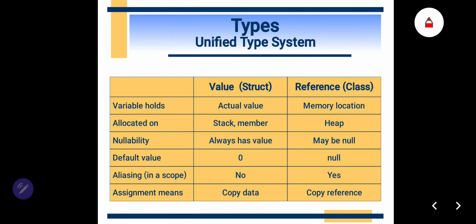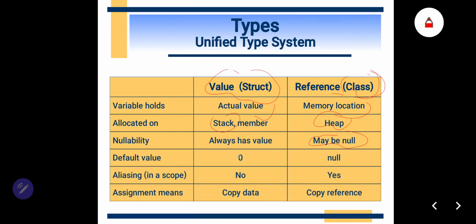Unified type system: value is struct and reference is class. You can see the difference between struct and class. Variable holds actual value, memory location: allocated on stack for struct, heap for class. Nullability: struct always has a value and class may be null.